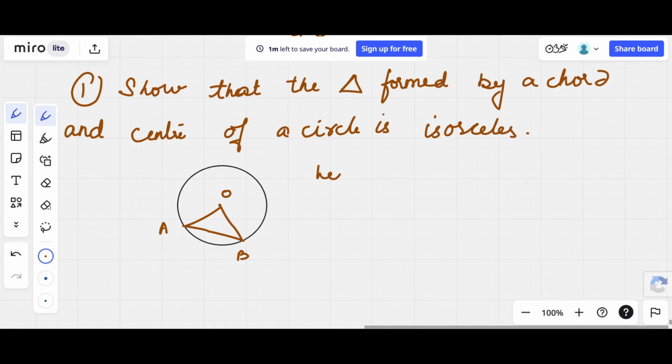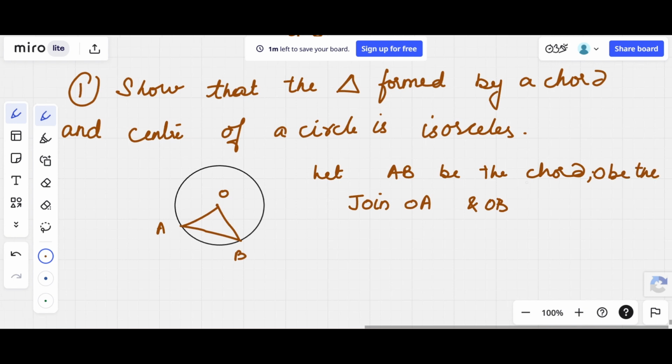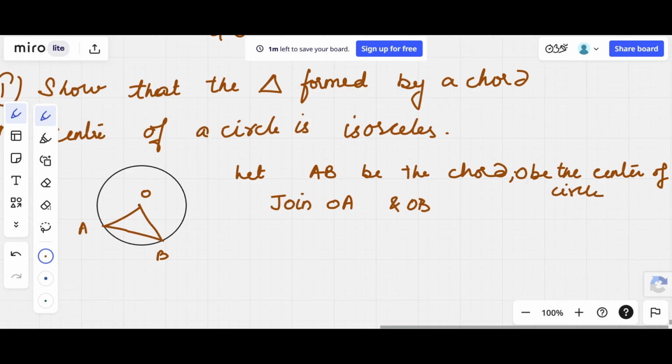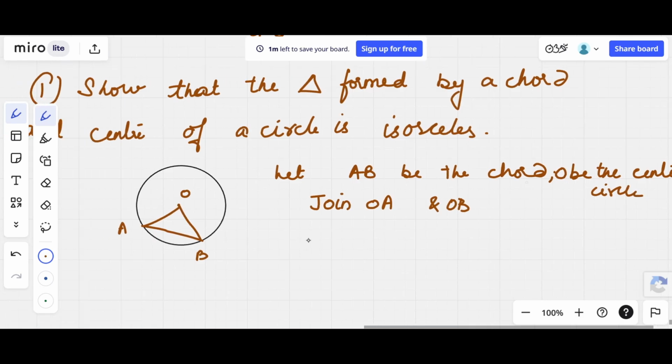So how will we write it? We will say let AB be the chord, O be the center of the circle. Join AO and OB.